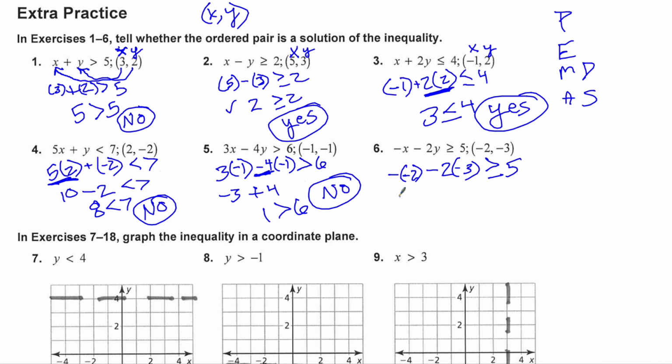Negative times a negative is a positive 2. Negative 2 times negative 3 is a positive 6. 2 plus 6 is 8. Is 8 greater than or equal to 5? That is correct, which means it is part of the solution set. So that's how you do 1 through 6.